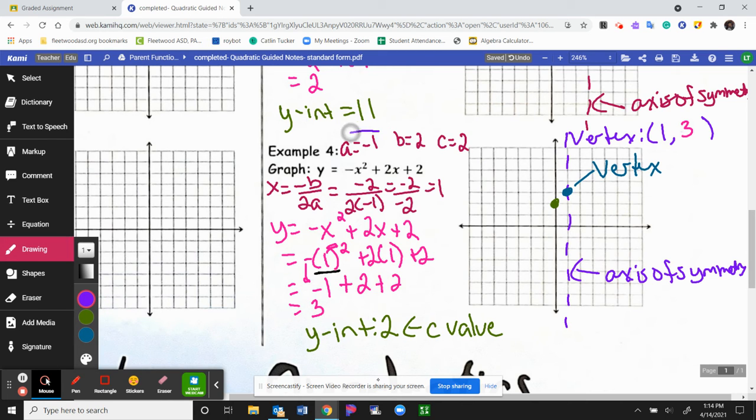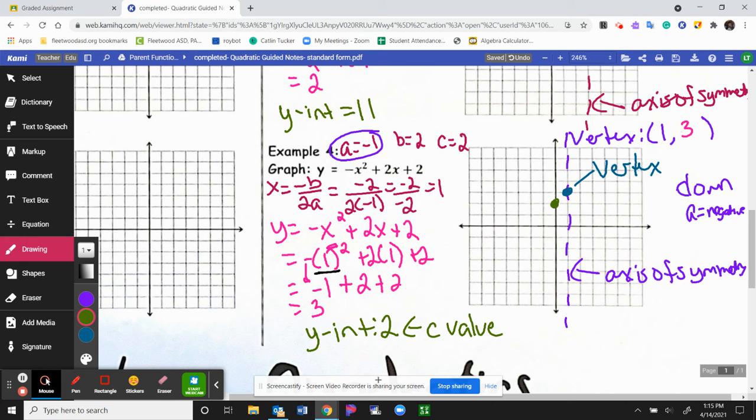We have our a value being negative. When our a value is negative, that means that our graph is going to be reflected. So this is going to face down because the a is negative, which should be making sense, guys, because if you think about how this is going to be graphed, we're going to be graphing this upside down here.